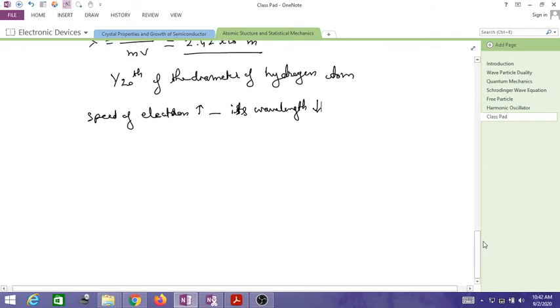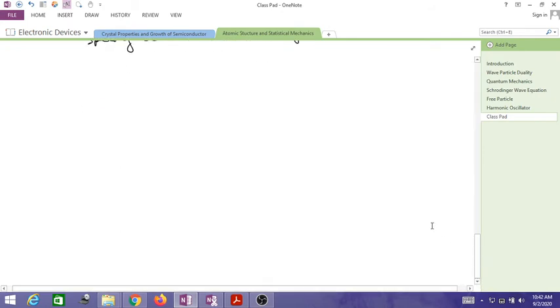So we'll first do a little comparison of quantum mechanics with classical mechanics, and then we will move ahead with the basic postulates of quantum mechanics.